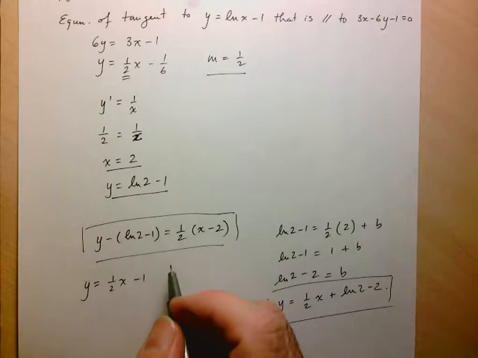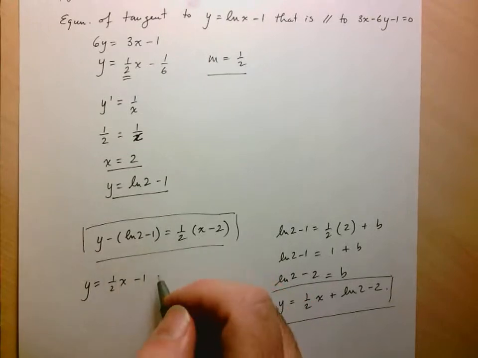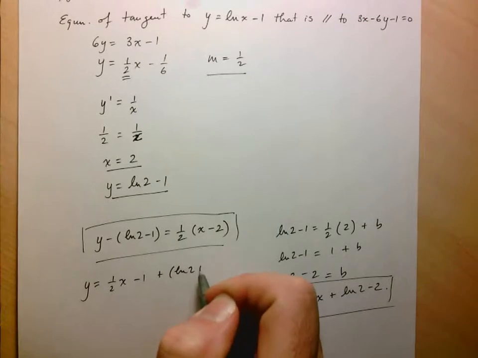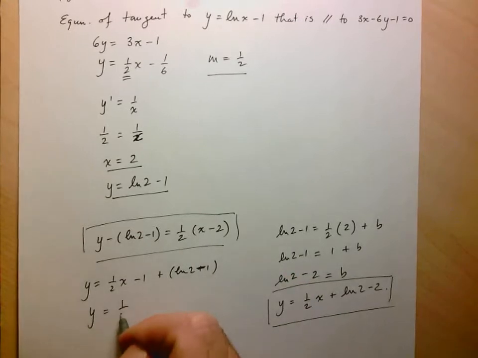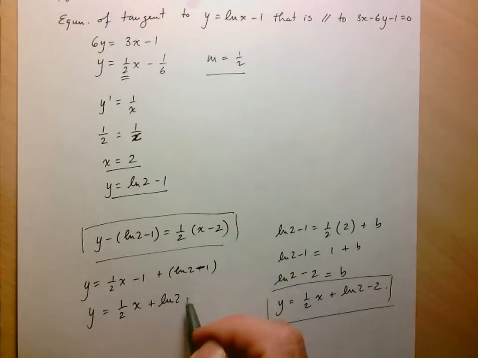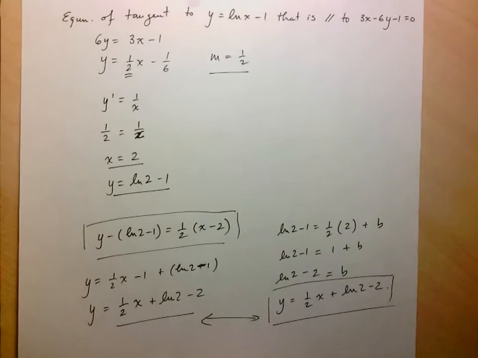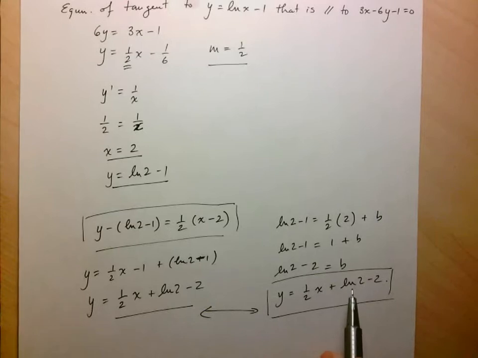Here I'm going to add ln 2 plus 1 to the other side, so plus ln 2 plus 1, and here we've got minus 1, my mistake. So y is equal to 1/2 x plus ln 2, negative 1 minus 1 is minus 2. And we see that they're the exact same thing. But in terms of actually writing out the equation, this one's quicker. If you still want to use slope-intercept form, you're more than welcome.